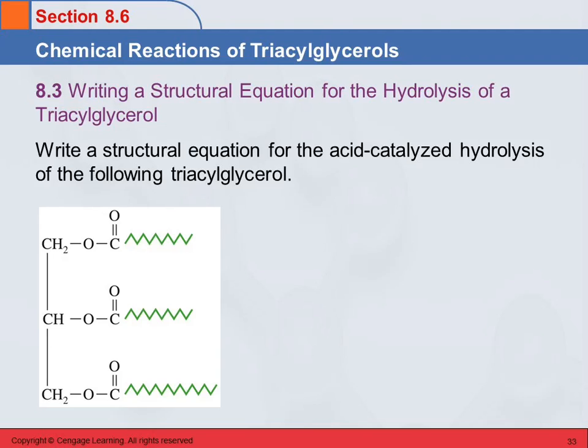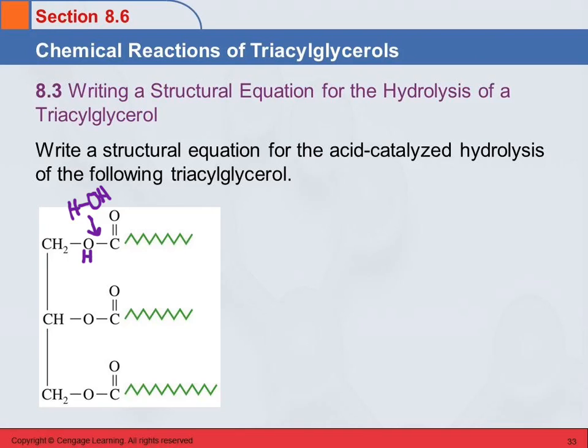So, writing a structural equation for the hydrolysis of a triacylglycerol. Write a structural equation showing the acid-catalyzed hydrolysis of this triacylglycerol. So this is just like the picture we looked at. So what's going to happen is we're going to have a water molecule come in right there.